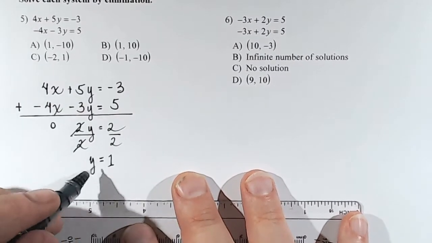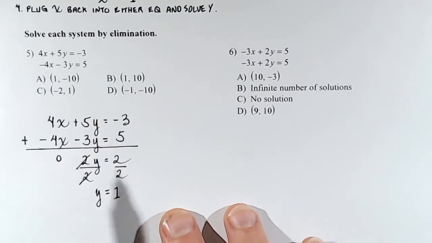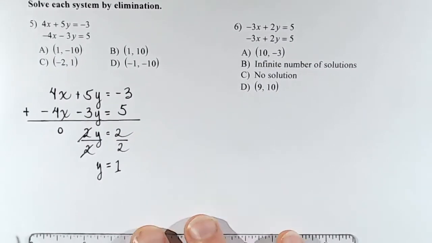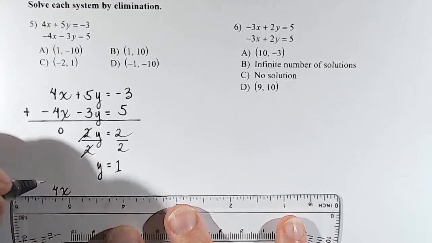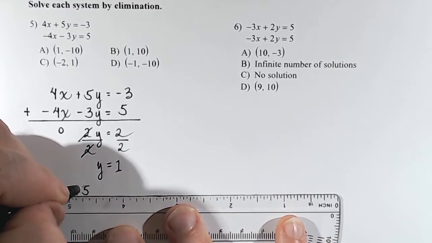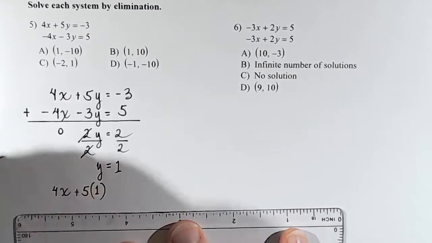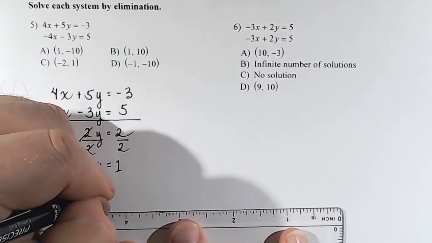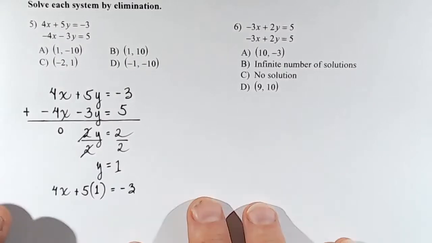And now you just plug this back into either of your two equations. The top one has fewer negative signs, so we'll use the top one. We've got 4x plus 5, open parentheses, insert that 1 instead of the y, and set that equal to negative 3. Okay?